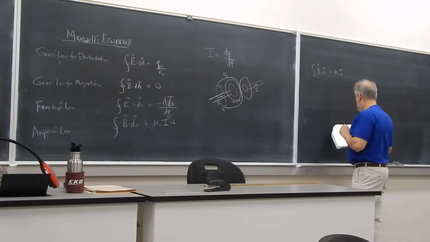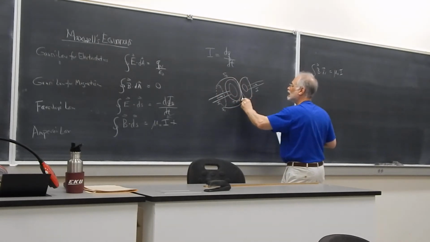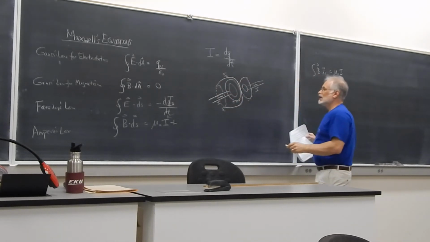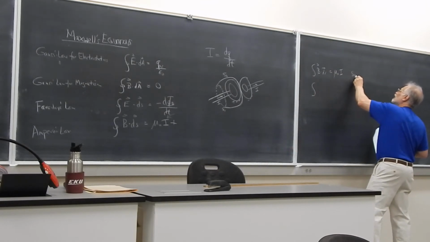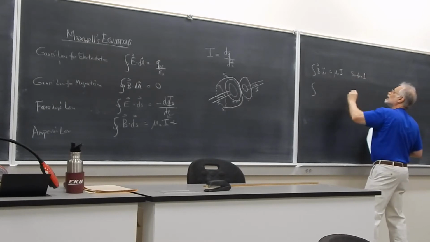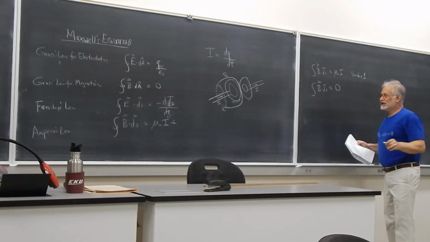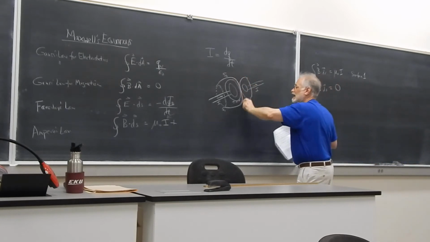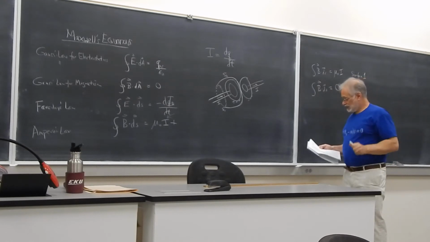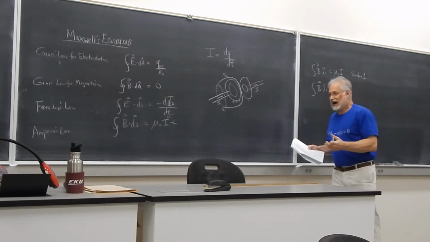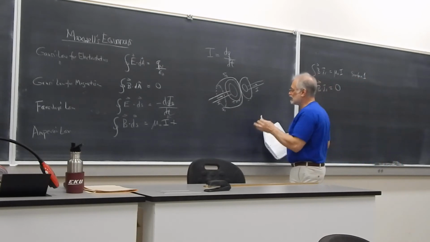Okay, fair enough. But notice what happens when I have it pass through surface 2. In that case, B dot ds is equal to 0. There is no current coming out of that path because I've got no current, at least no conduction current, in between the plates. So we have a contradiction in terms. There seems to be some sort of discontinuity in the current.